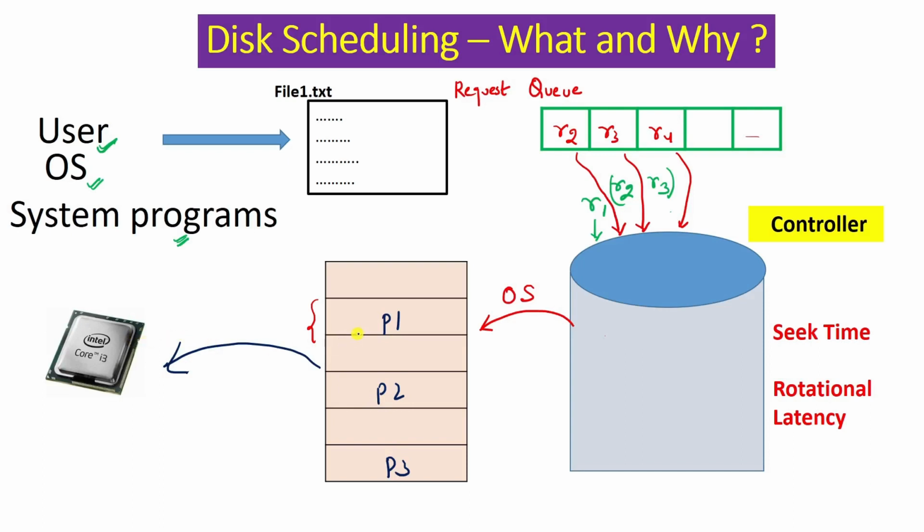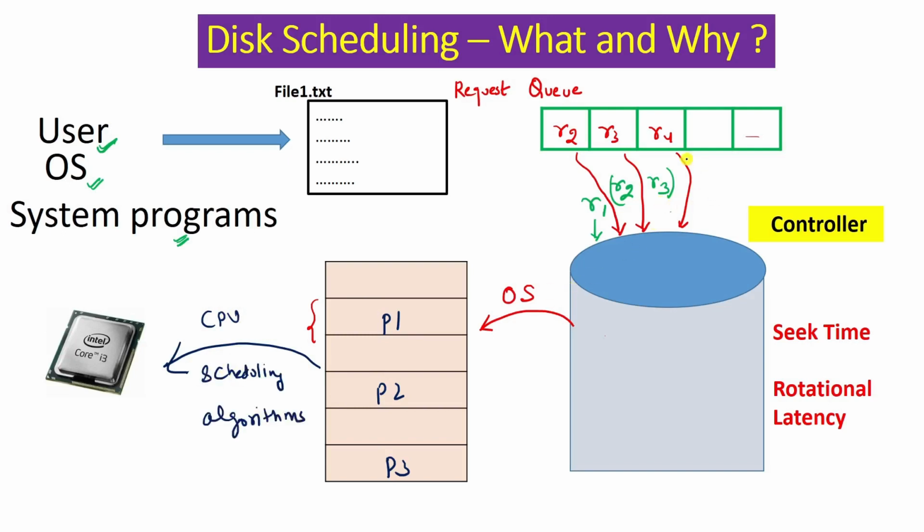So CPU scheduling was like scheduling, or you can say selecting, the process from the main memory, right? And we have understood many different algorithms which can do this task of selecting the processes. Which process should be selected first? This answer was given by the CPU scheduling algorithms, right?